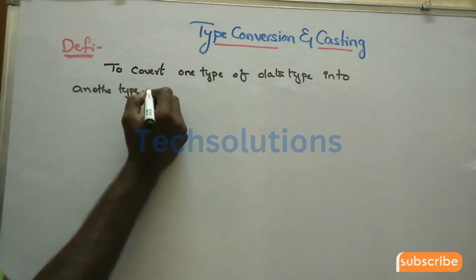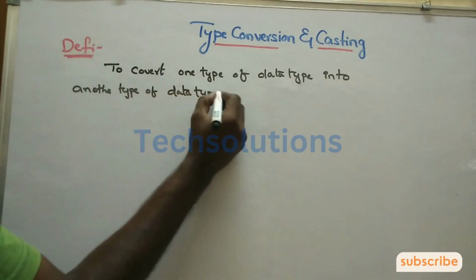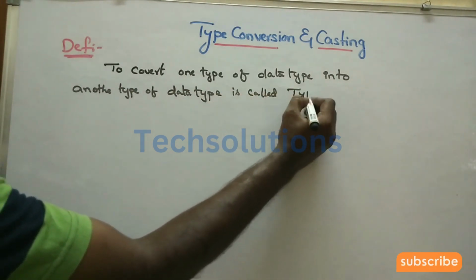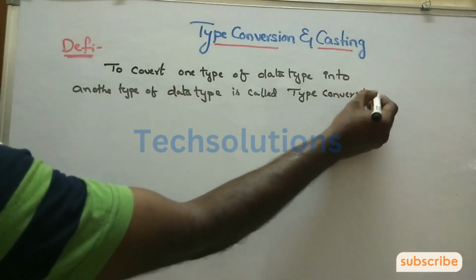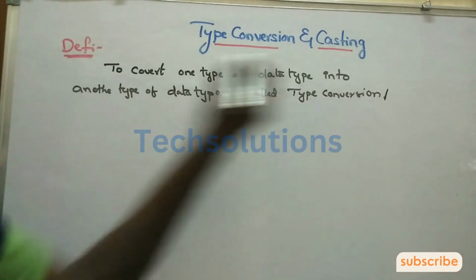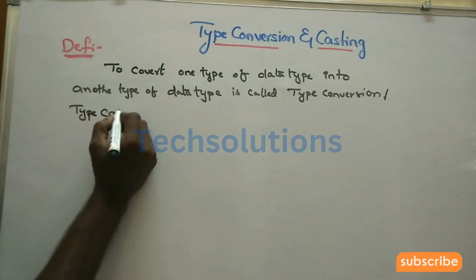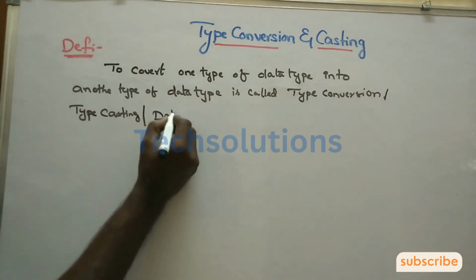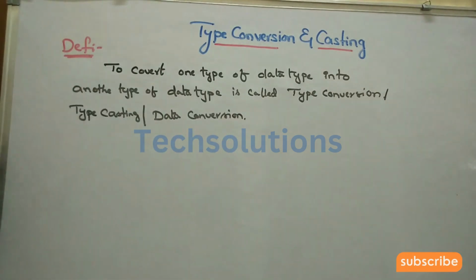That is called type conversion, or type casting, or data conversion. All are the same name, data conversion.